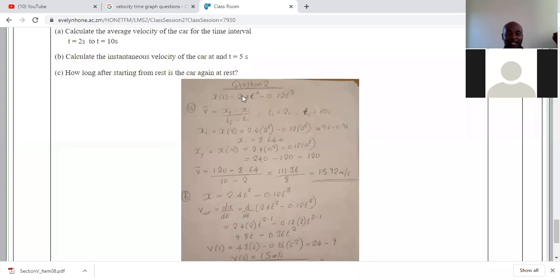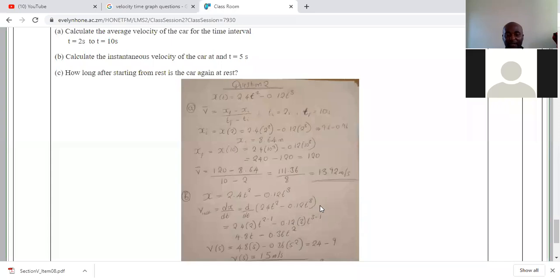The second one is find the instantaneous velocity of the car at t equals 5 seconds. To get instantaneous velocity, you differentiate this one. v instantaneous is dx/dt. This is d/dt of 2.4 t squared minus 0.12 t to the power 3.